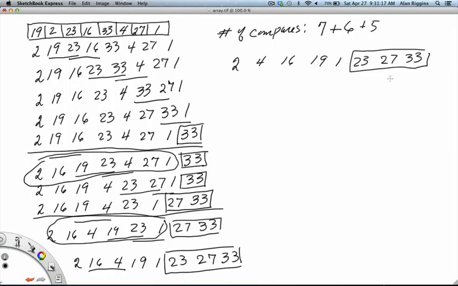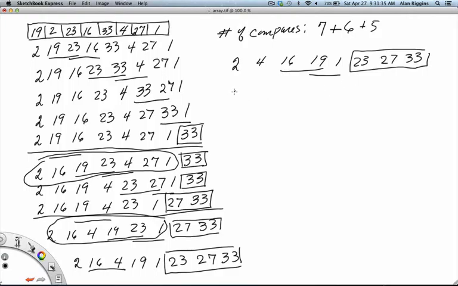Okay, we did the 16 and the 4 here, so we move down to the next set, the 16 and the 19, and they're in order, there's no problem. We don't swap them, we move down to the next pair, the 19 and the 1, and they are out of order. 1 is smaller than 19, so we have to swap.